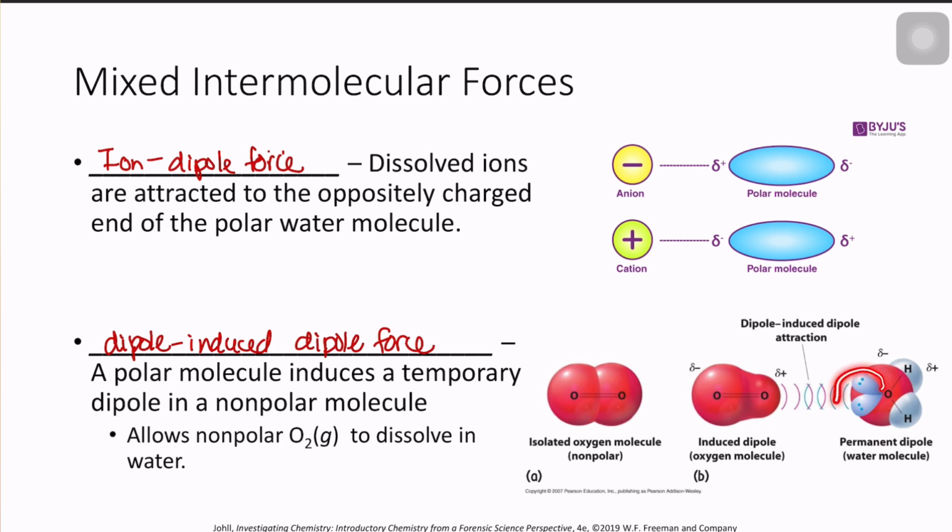When the partially negative side lines up next to the oxygen, right here, it's going to shift the electron cloud in the oxygen molecule away from the negative side of the molecule, and we get this induced dipole moment. Oxygen by itself will have this evenly distributed electron cloud. If you put it next to a very polar molecule, then you get this movement of the electron cloud and that induced dipole moment.